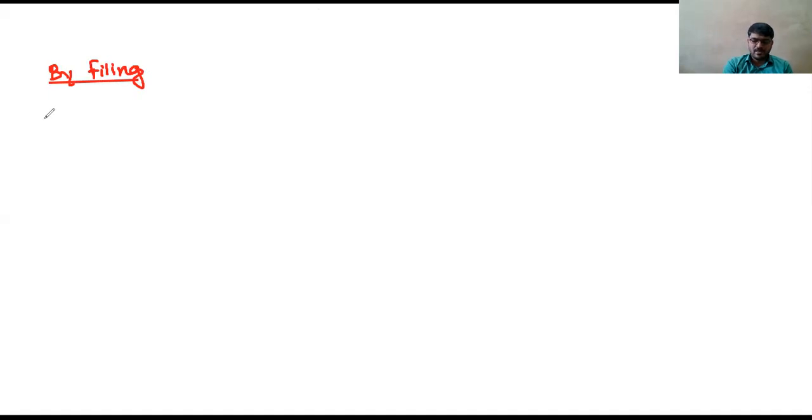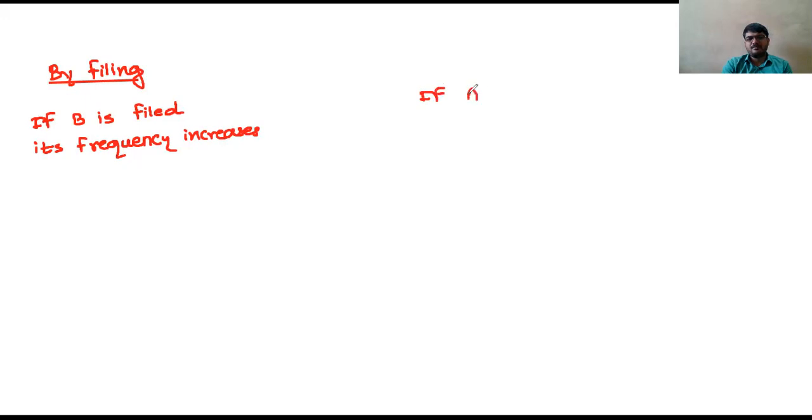So first, if B is filed, its frequency increases. Now if A is filed, its frequency increases.